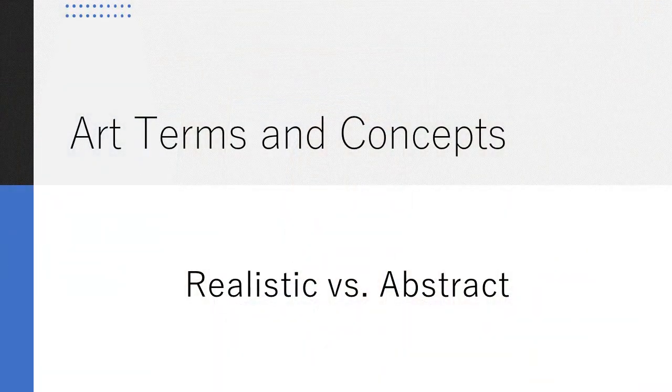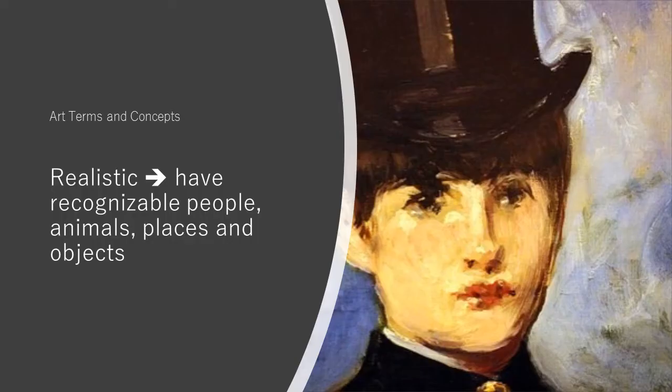Okay. In the same reading, you'll find another distinction between two things: realistic painting versus abstract painting. And they are defined there, but they explain realistic as having recognizable people, animals, places, and objects.